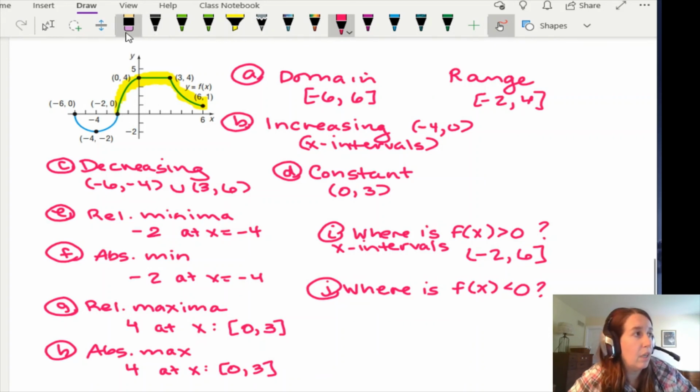All right, and then to find, let's erase that. To find where f of x is less than 0 means where is y a negative number, or where is the graph below the x-axis. So that would be this portion of the graph, okay? Not including those zeros, even though the highlight looks like it did.